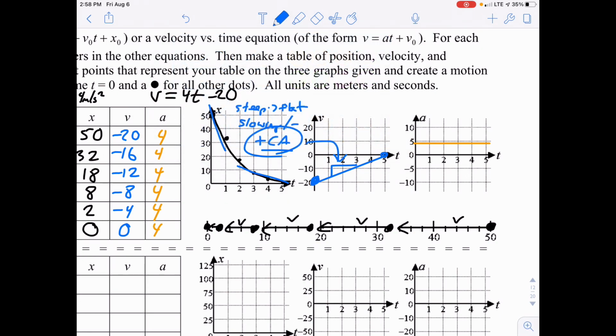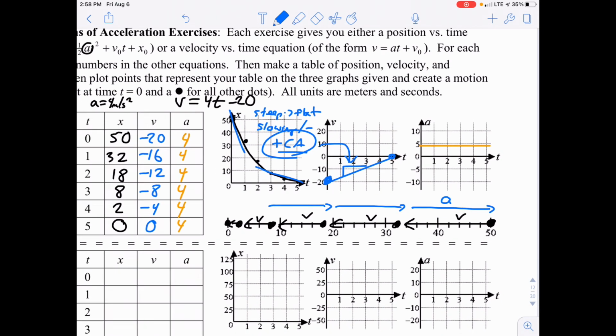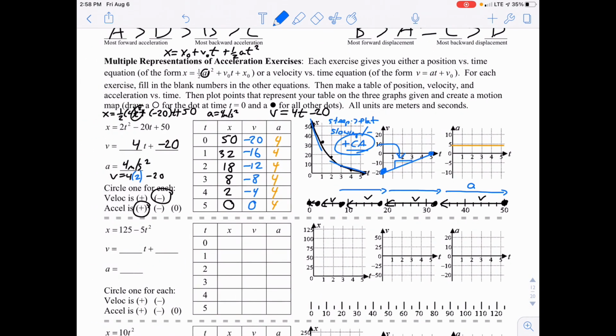And it's going to be constant acceleration the whole time. So I'm going to write constant acceleration. Notice my acceleration arrows are the same length because they're constant, but they're pointing to the right. Right would be the positive direction. So there would be my motion map for situation number 1.